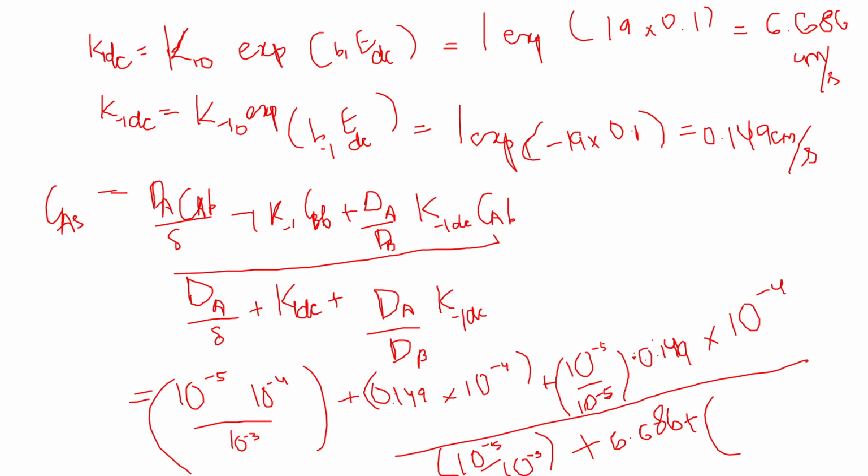K1 DC and K minus 1 DC we had already found. So that's how for K1 DC I put 6.686. I've substituted all the values. Can anyone tell what they've got? Can anyone tell me?